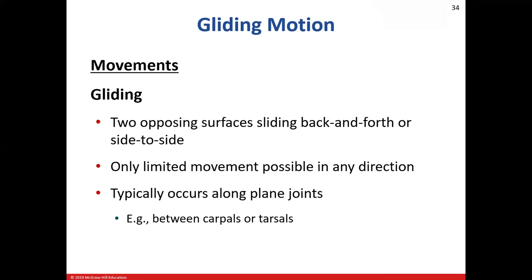Gliding is where we have two opposing surfaces that just slide or glide back and forth or side to side over top of each other. There's really only limited movement possible in any direction, and it typically occurs along our plane joints, which we said involve the carpals, our intercarpal joints, but we also have that in our tarsals in the ankle and our intertarsal joints.